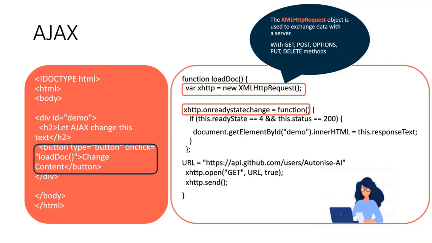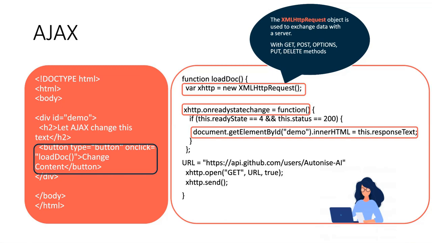This is the function where we define what to do when we receive the data from a server. We have given that the data, whatever we receive, should replace the innerHTML of the division with the ID demo.